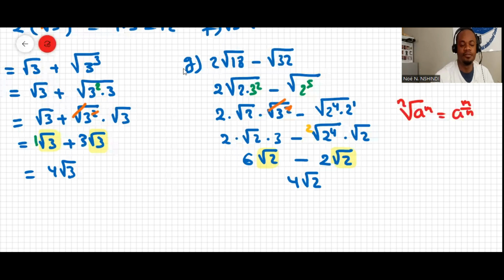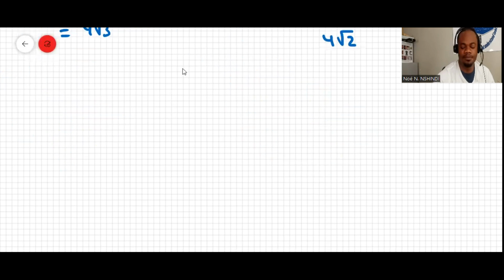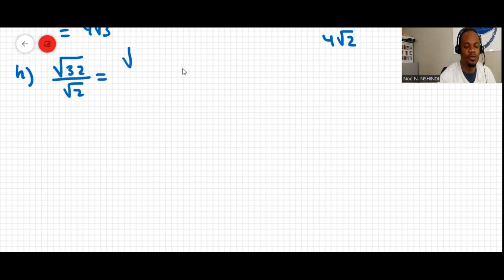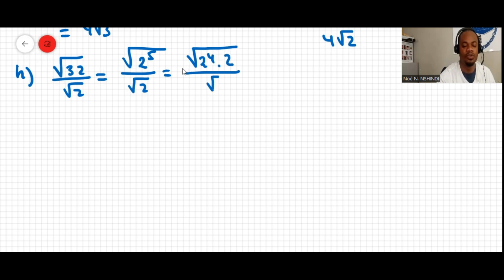Now we can do H. H was root 32 over root 2. Now we say that root 32 is square root of 2 to the power 5 over root 2. And then this is root of 2 to the 4 times 2 over root 2.